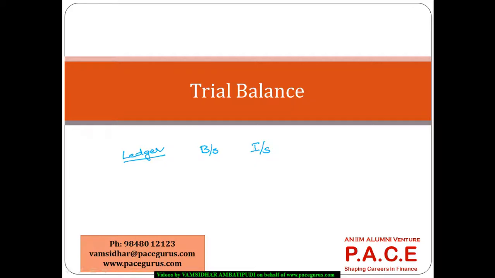So the trial balance comes out as a summarization of all the ledger accounts and the balances in each of the accounts. All the different ledger accounts are summed up, one line for each account.